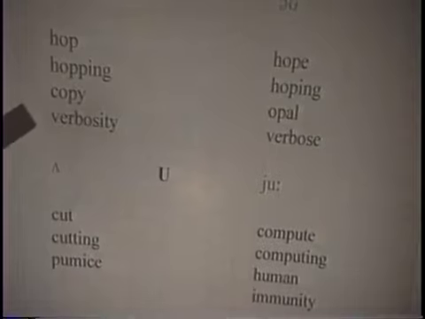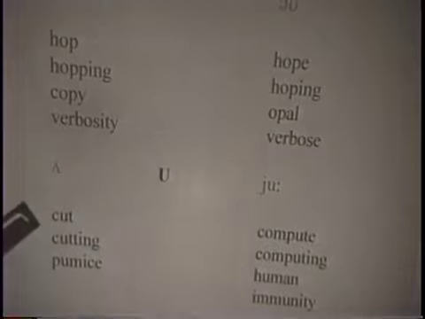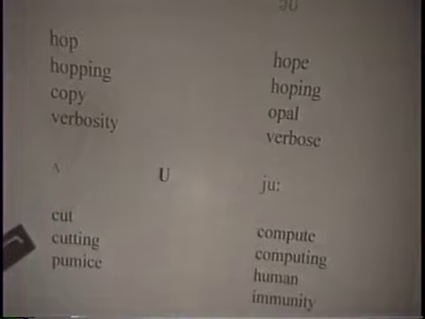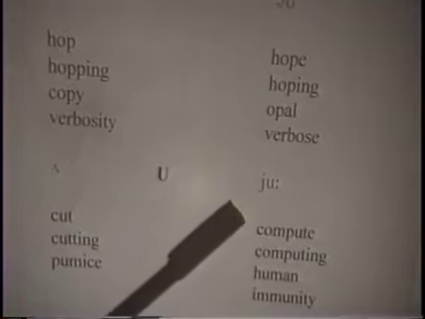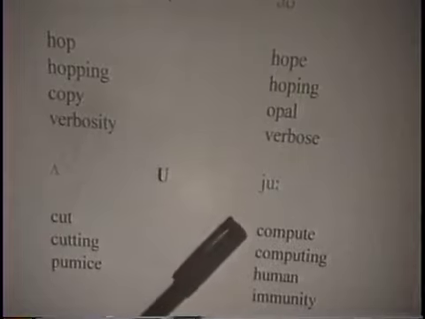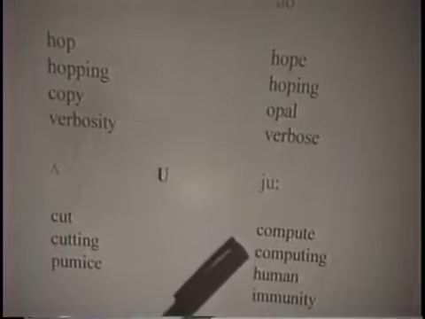Short vowel in verbosity, the abstract noun related to verbose. With the letter U, short vowel in cut, double consonant letter for cutting, long vowel which is U, in compute, and computing.